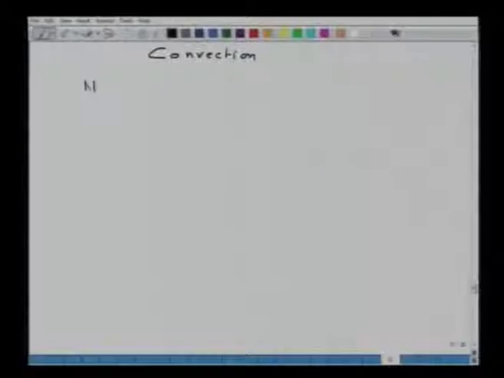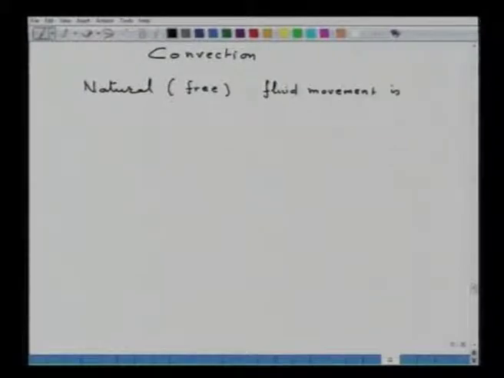Accordingly, we have natural convection, which is also called free convection. In natural convection, the fluid movement is due to temperature difference.